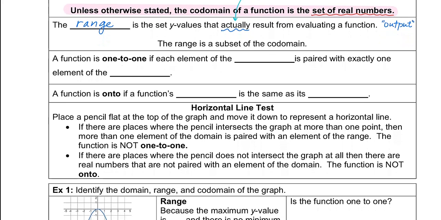A word that you probably haven't heard a lot, or a phrase really, is one-to-one. A function is one-to-one if each element of the range is paired with exactly one element of the domain. Does this definition sound familiar?